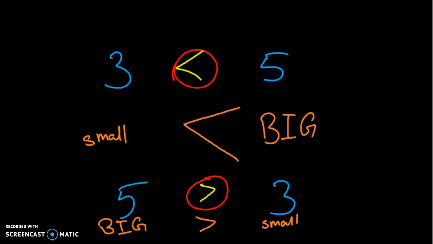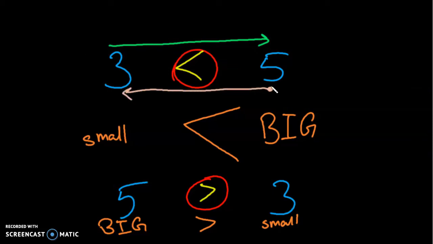So 5 is greater than 3. If you read this from left to right, you get the smaller number first, so you say 3 is less than 5. But what if you read it from right to left? You get 5, 5 is bigger, so 5 is greater than 3.